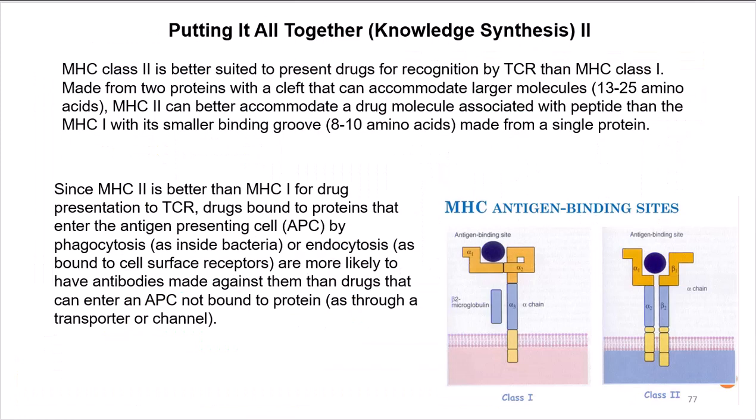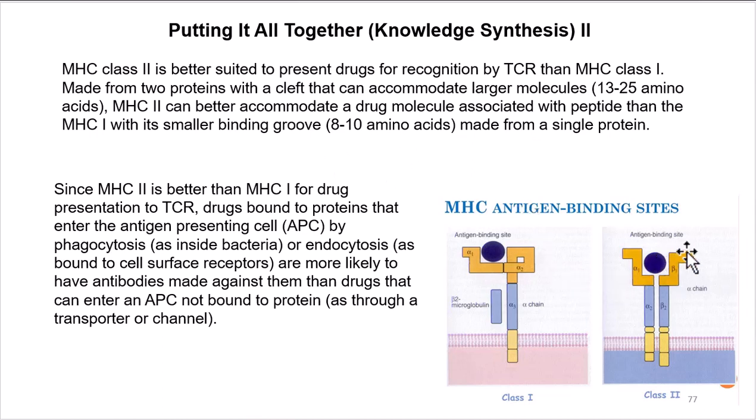Oh, and finally, remember, I want you to remember this. The MHC1s are made, the binding site is made up of one molecule, binds amino acids of 8 to 10 most of the time, with 9 being optimal. The MHC2 is able to accommodate larger molecules, 13 to 25 amino acids. And so I'll probably ask you this, because this gives indication of the size of the cleft.